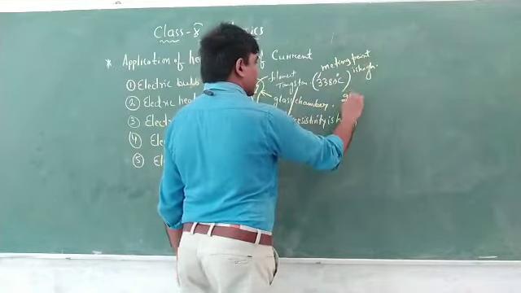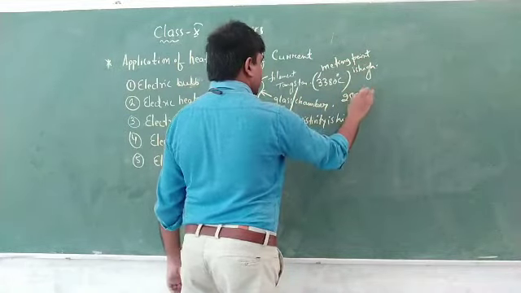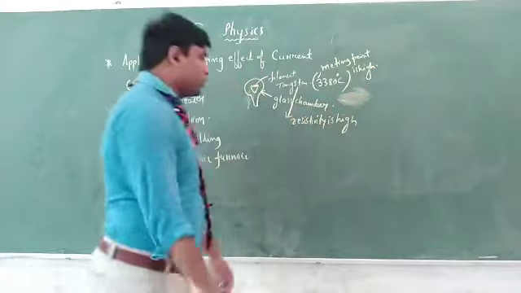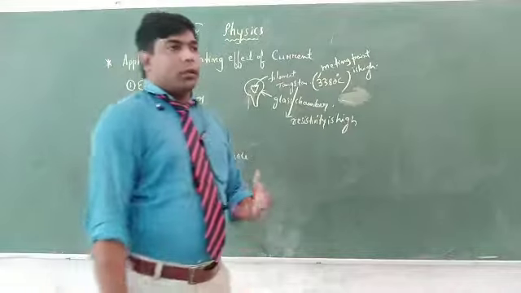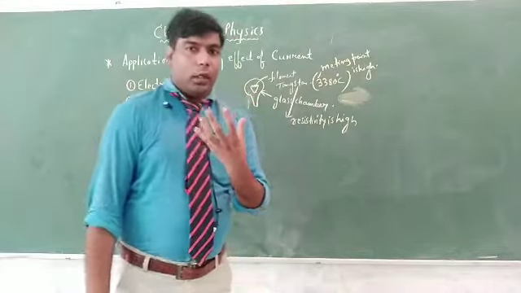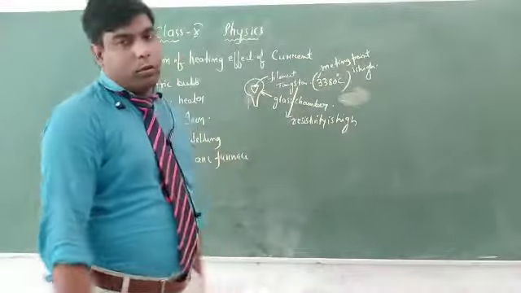So this resistivity is high and also the melting point is high. In this way, through the heating effect of current, the bulb glows.